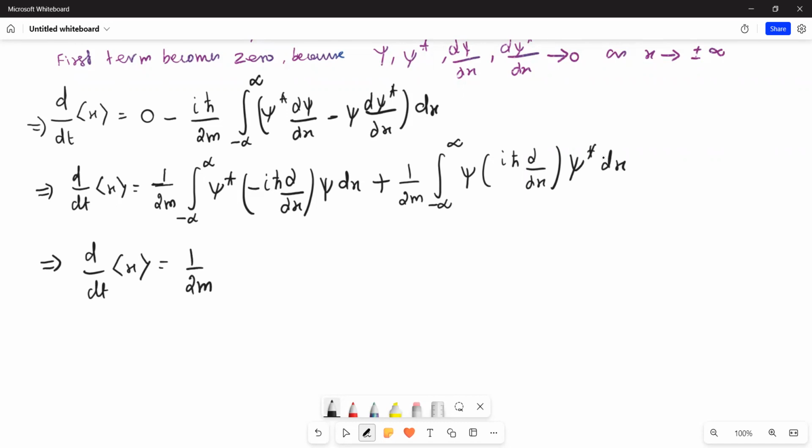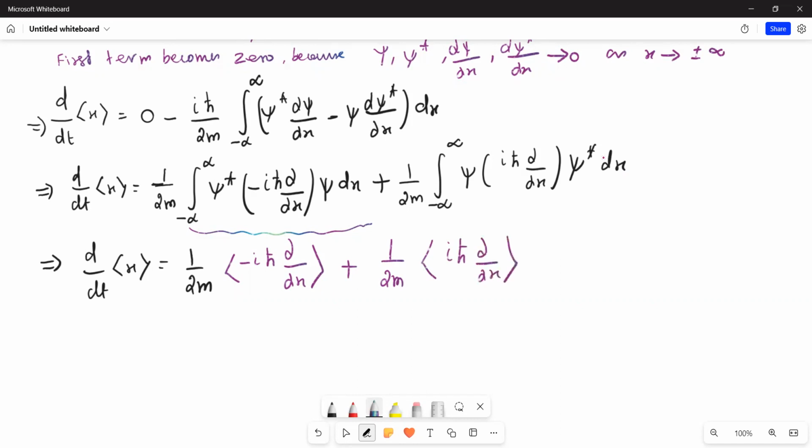This complete step is nothing but the expectation value of minus i h cross dou by dou x. So we can write the expectation value of minus i h cross dou by dou x plus, here also we can use 1 by 2m, the expectation value of i h cross dou by dou x.